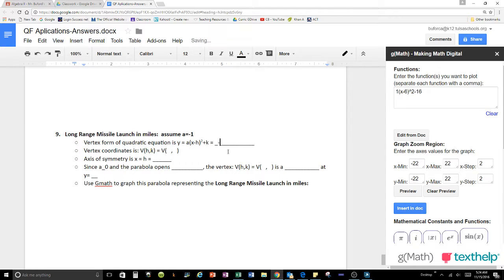So we say minus 1, and we have (x minus 16), because h is 16, squared, and we've got k is 14, so that's plus 14.